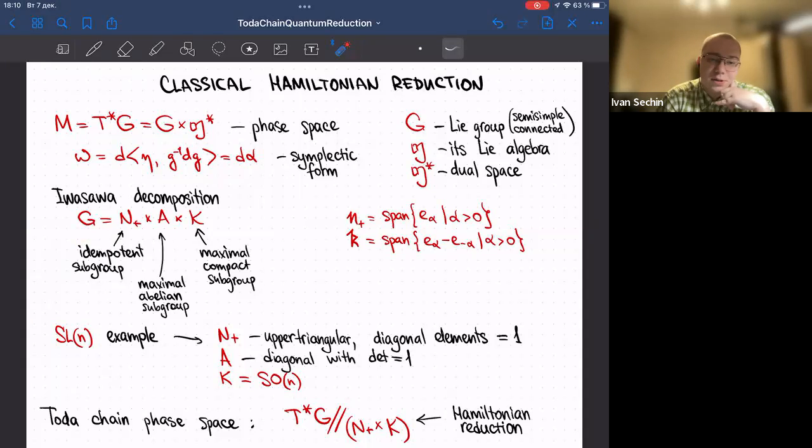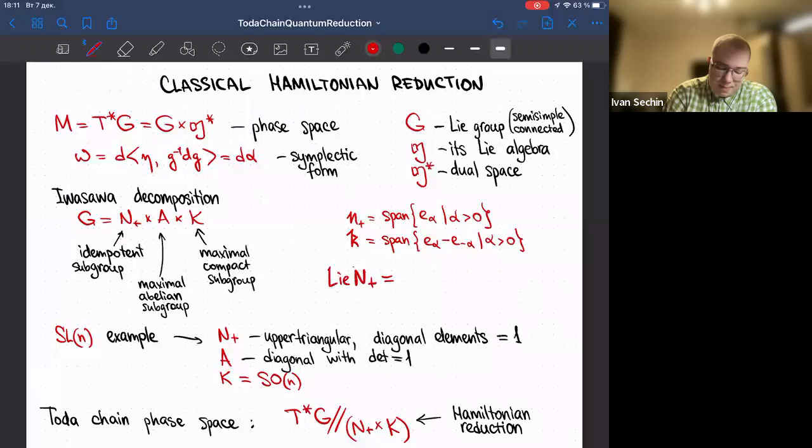This group can be represented as a product of N, A, and K, where K is a maximal compact subgroup, A is abelian, and N plus is a nilpotent one. Here, N plus is defined as a nilpotent subgroup with Lie algebra spanned by all positive roots.